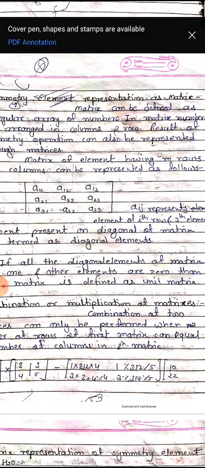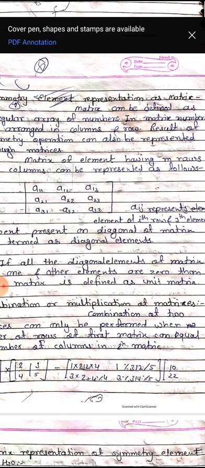A11, what does it represent? It is the element of the first row and first column. What is the meaning of A22? It means the second row and second column. What is the meaning of A33? It means third row, third column. What is the meaning of A23? It is second row and third column.